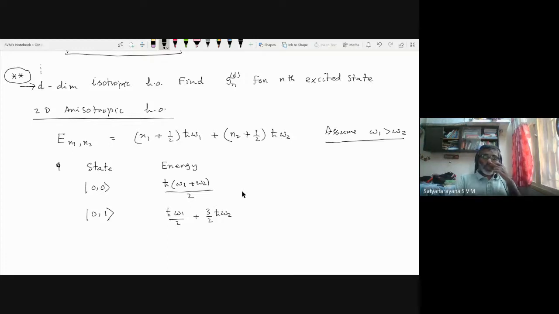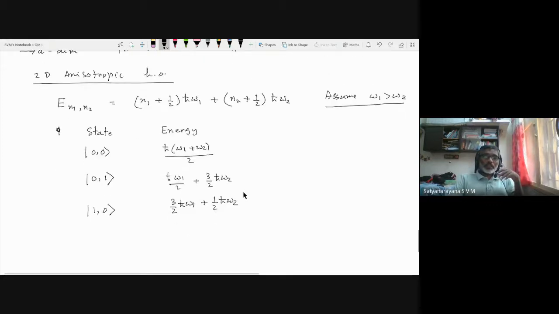Since omega 2 is the smaller value, this one will have a smaller energy than 1, 0. 1, 0 will be 3 by 2 h bar omega 1 plus half h bar omega 2. So this energy will be smaller compared to this energy. So 0, 1 is the first excited state and 1, 0 is the second excited state. There is no degeneracy. Energy is different. In the same way, if you have an anisotropic harmonic oscillator, then the degeneracy in all levels will be lifted.